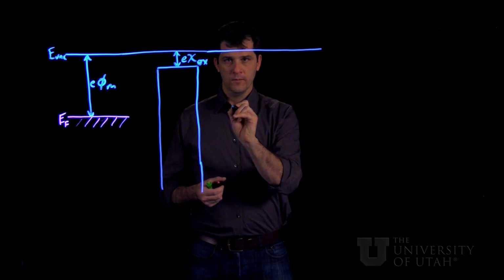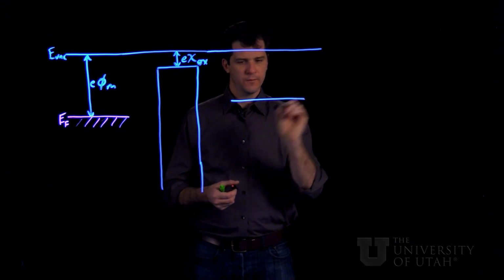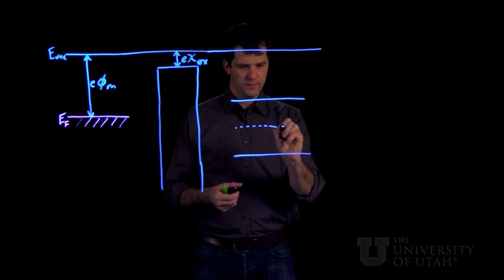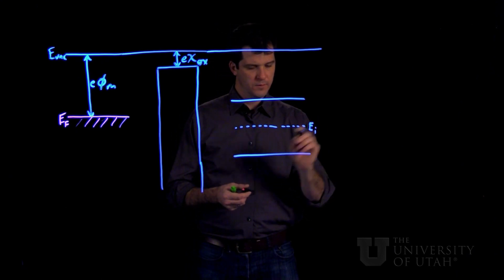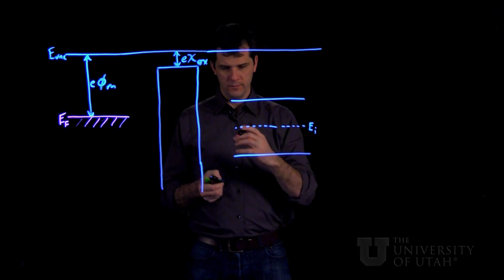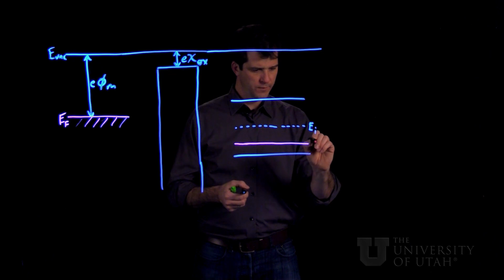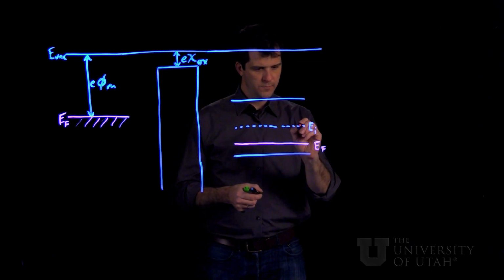And then the semiconductor, before it's connected, has of course straight band edges, straight E i, and the Fermi level. We're going to look at a p-type material here, so E F is here.